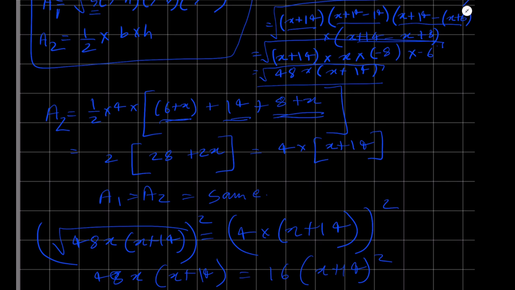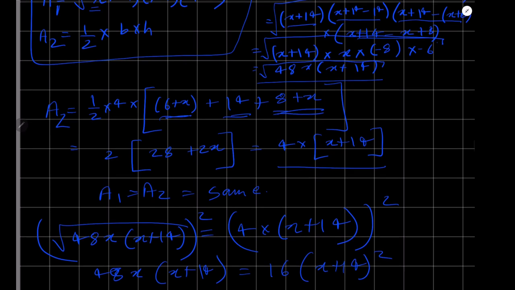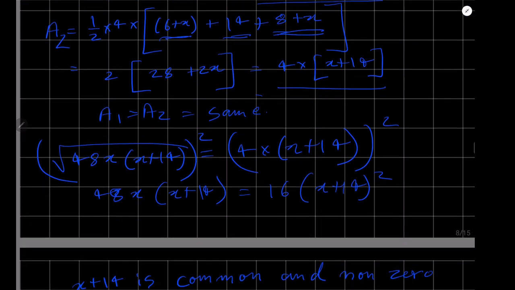After simplifying it, we get this 4 times x plus 14. Now the most important thing is that these two areas are the same because it is for the same triangle ABC. Okay, so we can equate it.